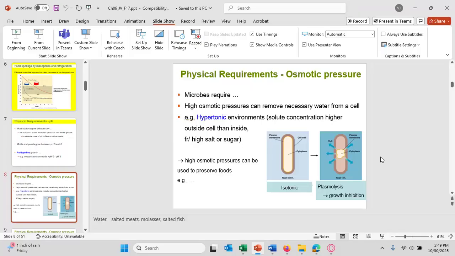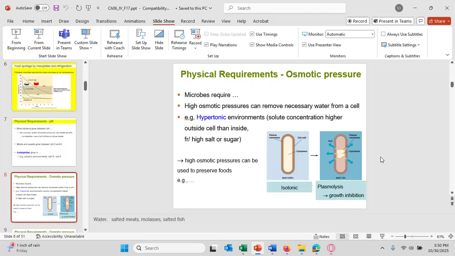One example would be molasses, where the osmotic pressure is so high that if bacteria were to fall into the bottle of molasses, the water will leave the bacteria and either kill the bacteria or at least prevent it from growing, as well as preventing it from being metabolically active.